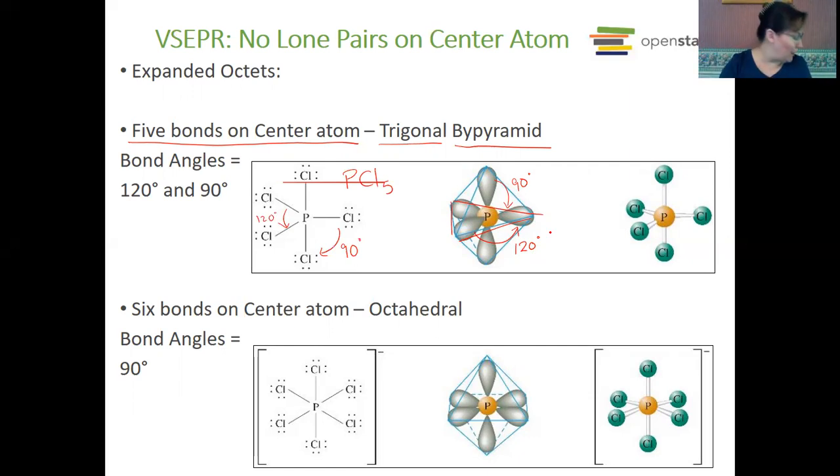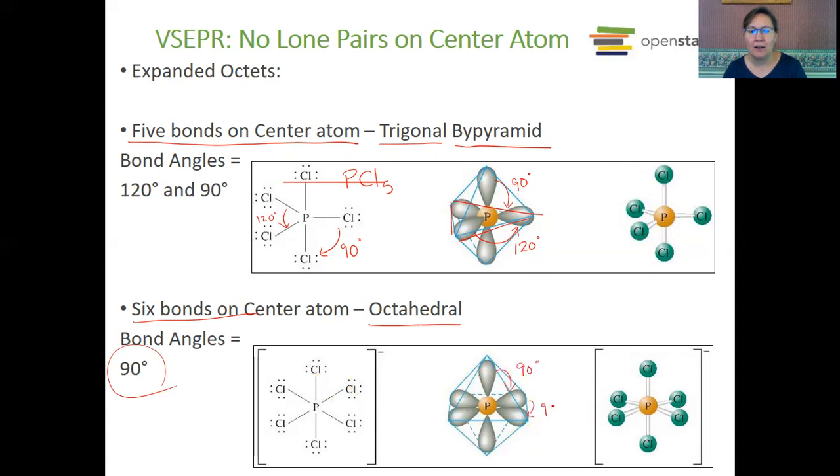Trigonal bipyramid. Now the next one that we have here is 6 bonds on our center atom, and that's octahedral. It's an octahedron because, as you can see here, there are going to be 4 sides and 4 sides. So this would make an 8-sided diamond structure, or octahedral. All the bond angles in here are 90 degrees, and it's hard to see that here, but here you can see 90 degrees.